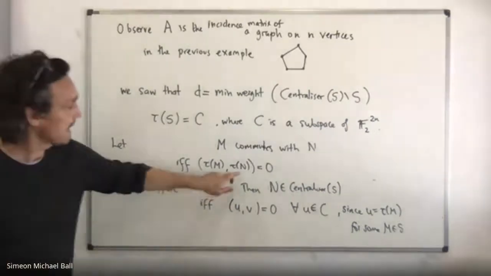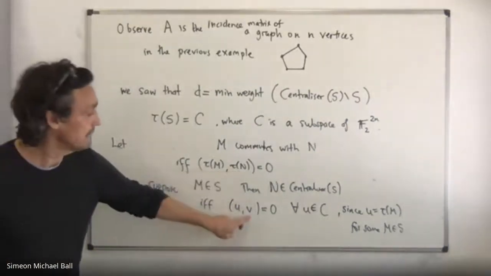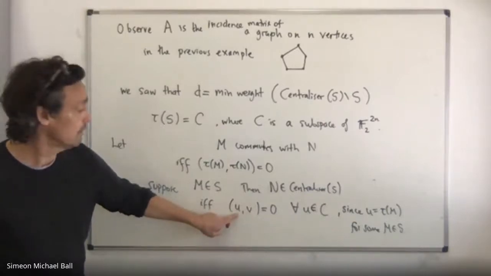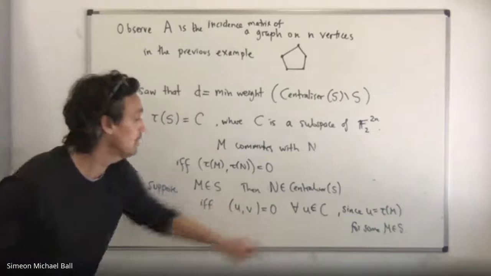So to find these tau N's, where it's the centralizer, we need to find the vectors V which are going to be 0 with U, and we do the symplectic product for all U in C.